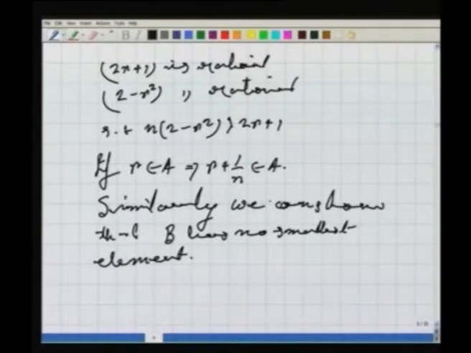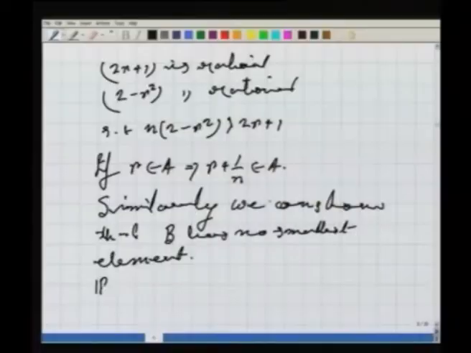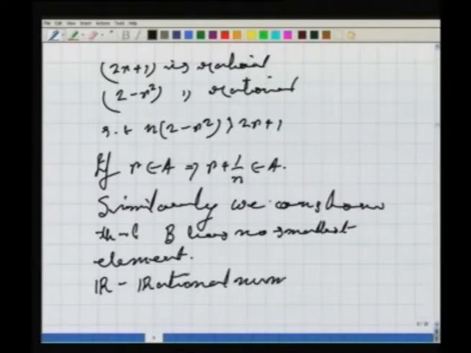And this essentially shows that the set of real numbers has certain gaps. That is, you throw in the set of irrational numbers just to fill in those gaps. Now the whole collection of real numbers stands for rational numbers and irrational numbers.